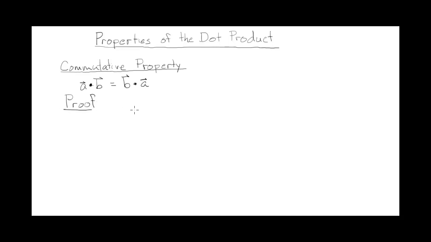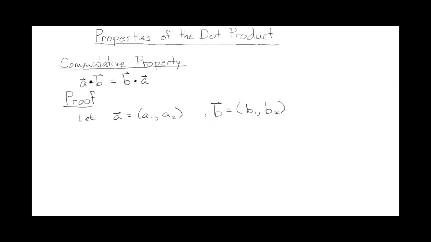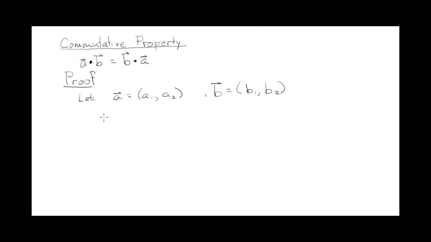So the proof, let's say let A, now you could do this in R2 or R3. Just for the sake of simplicity, I'm going to do it in R2. You could do it in any dimension actually, but you'll see that it won't matter which dimension you do it in.